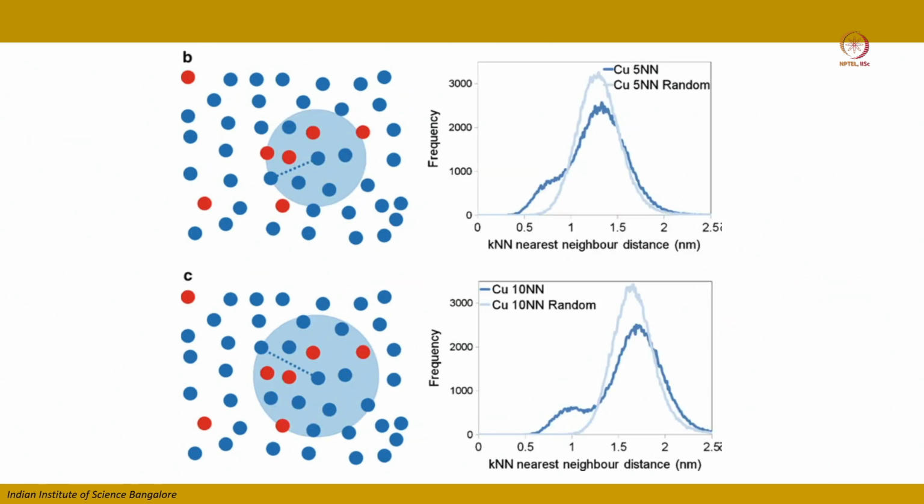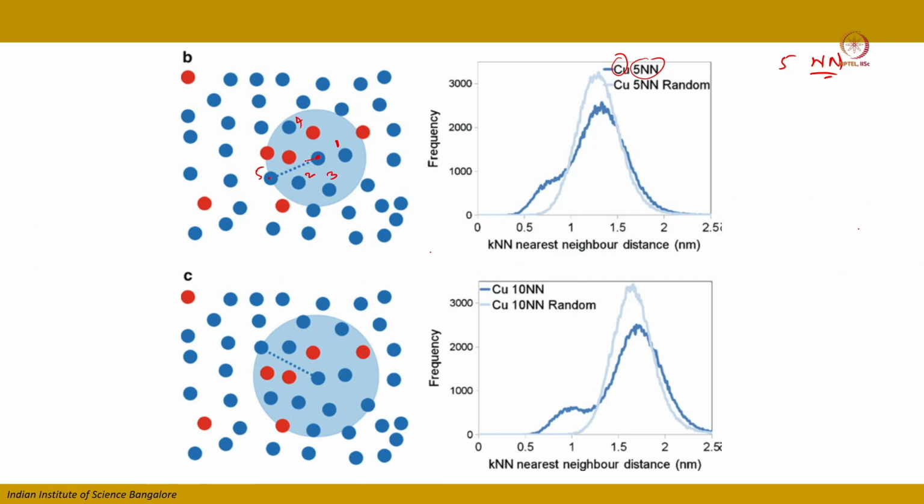Okay, so here I will show you the distribution of copper for the fifth nearest neighbor distribution as compared to the fifth nearest neighbor binomial random distribution. Fifth nearest neighbor means, if you look at this particular copper atom, blue color, the closest is 1, second closest is 2, third closest is 3, this is the fourth, and this is the fifth.